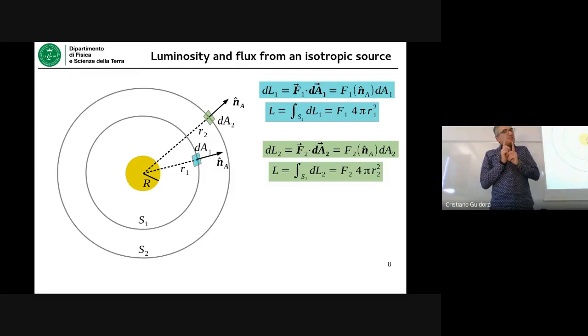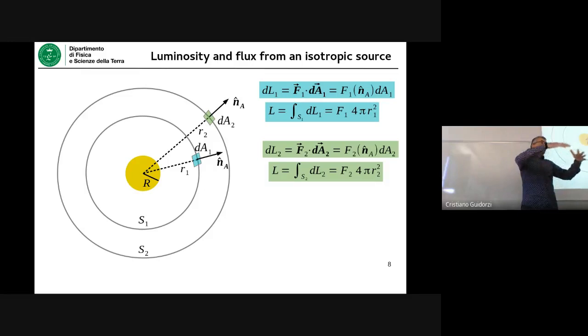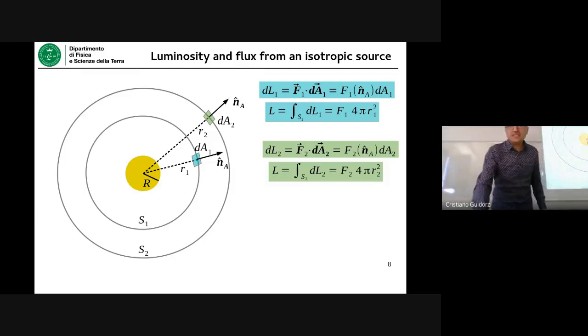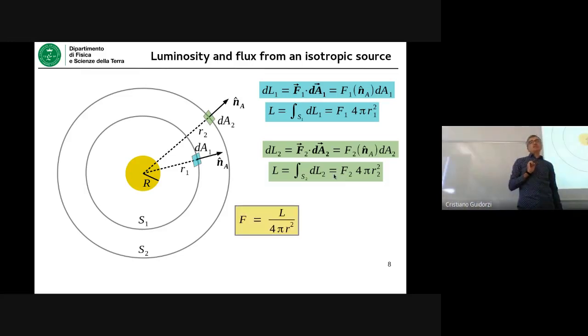So what's the difference between S1 and S2? It is that in one case the same amount of energy is distributed over a different surface, so you should expect a different flux. And indeed, if you use both relations to express the flux as a function of the remaining quantities, you end up with this easy formula, which is a famous one because it tells you that in the case of an isotropic source of a given luminosity, the flux scales as 1 over distance squared.